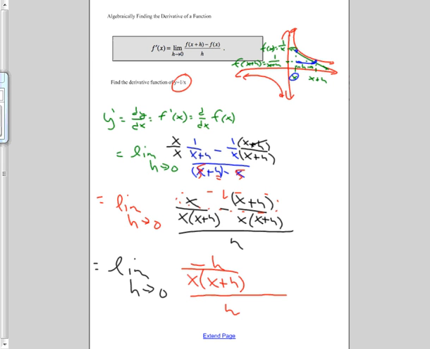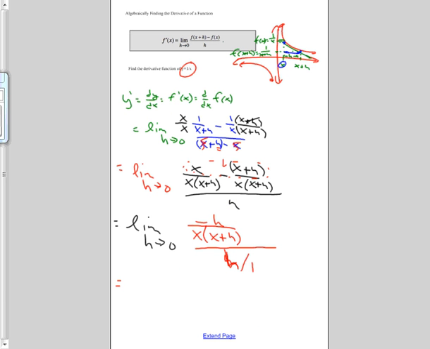Well, this is an ugly fraction because we have a fraction embedded in a fraction, but it might be helpful to think of this bottom one as h over 1. So we have a fraction divided by a fraction, which we know we can write as multiplication. So it's the limit as h approaches 0 of negative h over x times x plus h. I'll write that a little clearer.